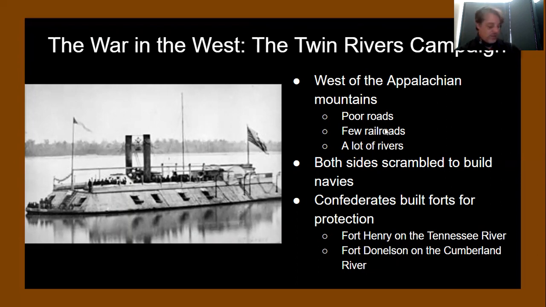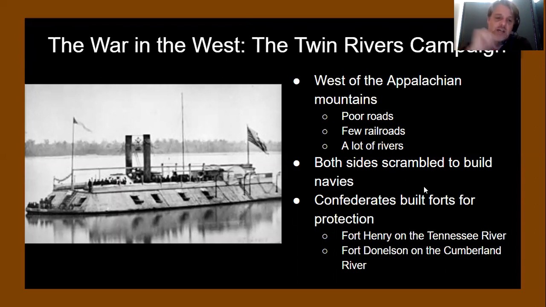A lot of the battles that the North fought were to just take control of whatever few railroads the South had. And they used the rivers a lot. So both sides were building navies on the rivers. Navy didn't really exist on the rivers at this time because these were internal waterways to the United States.